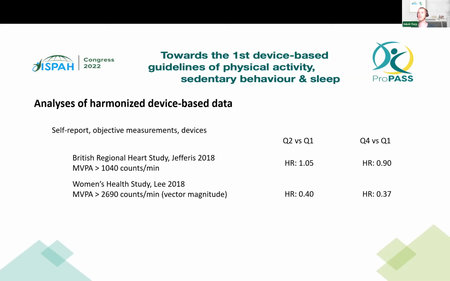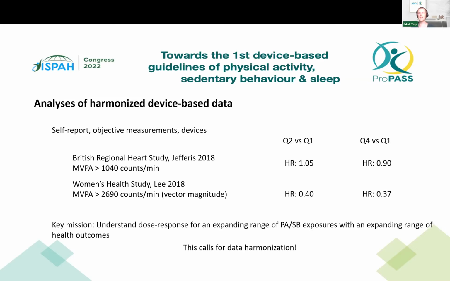What we can see here is a substantial difference in the magnitude of the associations and also the dose-response patterns. Comparing the definitions of moderate to vigorous physical activity suggests that this may have something to do with these post-processing decisions, but it could also be due to different samples or different covariate adjustments. So it leaves questions open for interpretation.